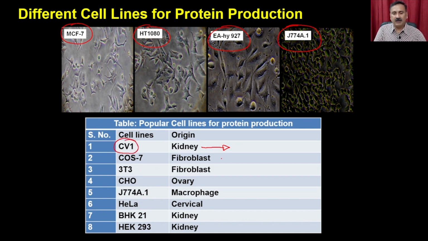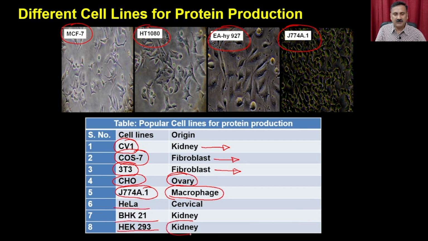Similarly, you can use cells like fibroblast cells for protein or enzyme production, where you can use COS7 or NIH3T3 cells. Then you can use J774A.1, which are macrophage cell lines. And then you can use CHO-K1, which is an ovarian cell line, and HeLa, BHK21, and HEK293.